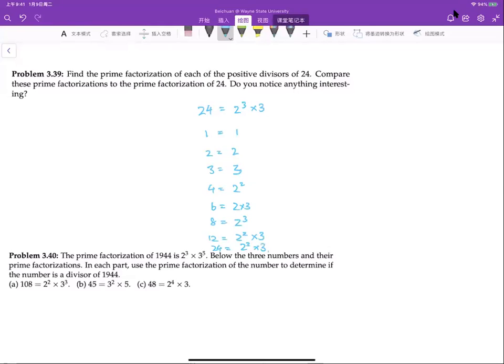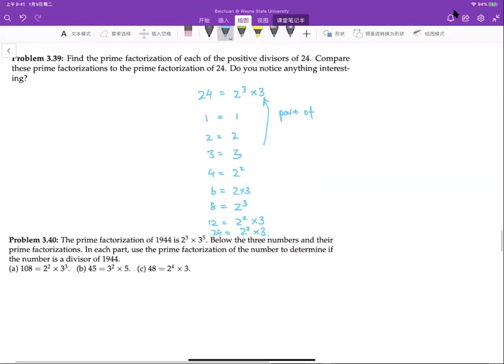You can see that for all of those divisors, their prime factorizations are part of the prime factorization of 24. That makes sense, because this is what we got in the previous section. So 2 is a part of 2 cubed. 3 is a part of 3. 2 squared is a part of 2 cubed. 2 times 3 is a part of 2 cubed times 3. 2 cubed is a part of 2 cubed. 2 squared times 3 is a part of 2 cubed times 3.